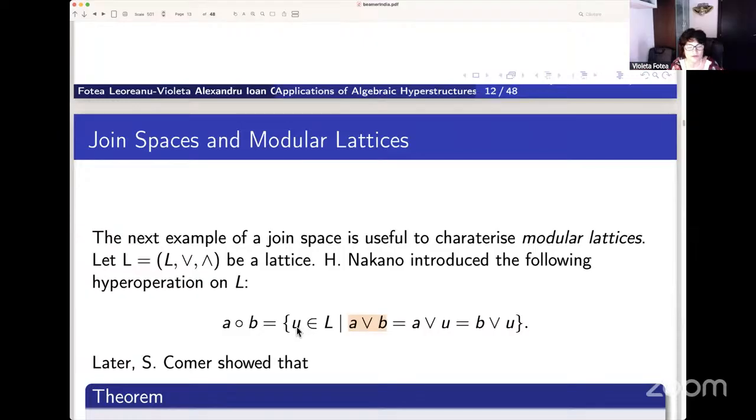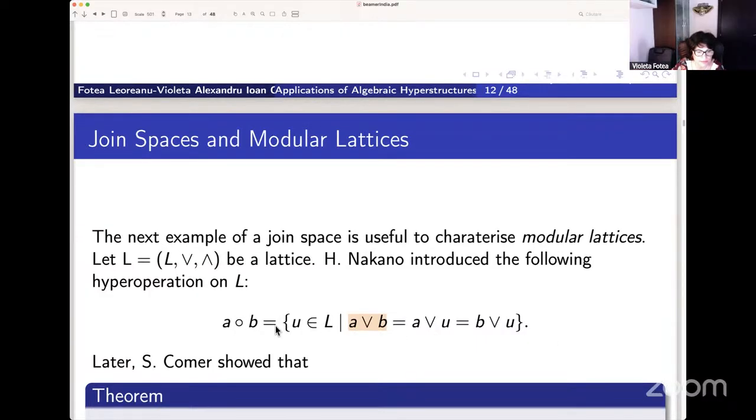So if we consider U equal to the supremum, we have an element of this set.